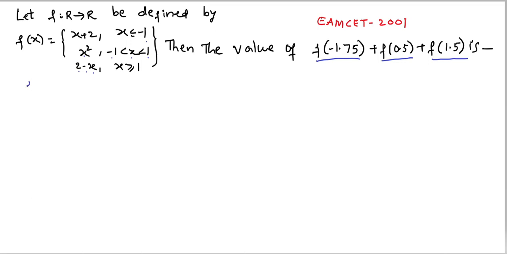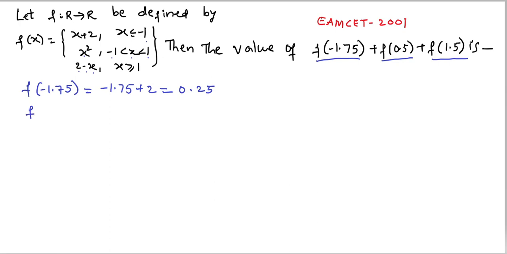So first the value of f of minus 1.75: minus 1.75 lies less than minus 1. Therefore we take the function x plus 2, that is minus 1.75 plus 2 is equal to 0.25.